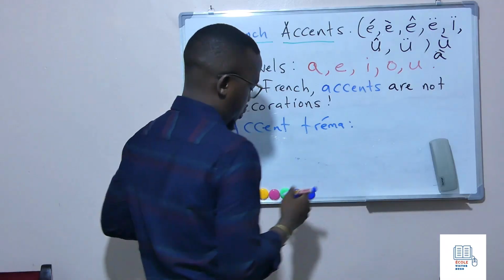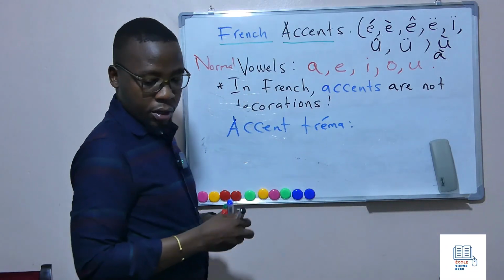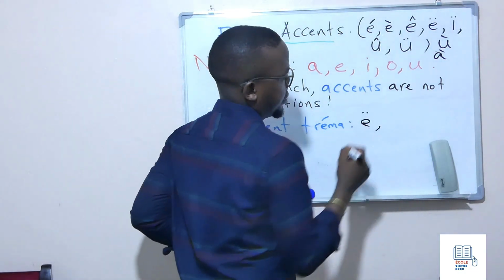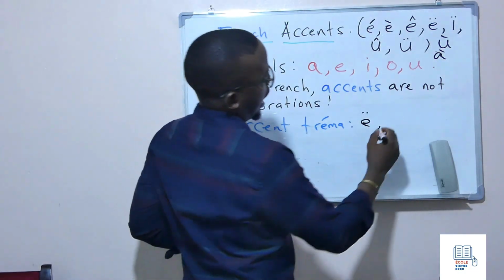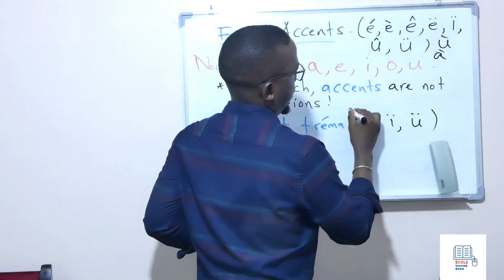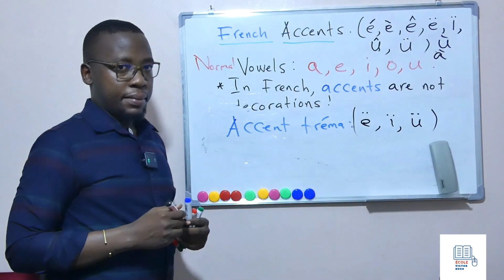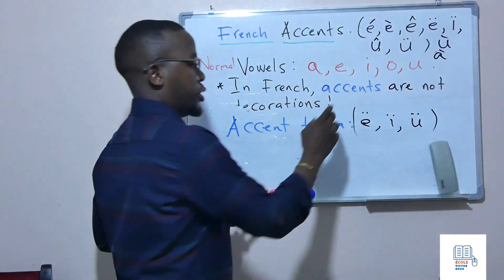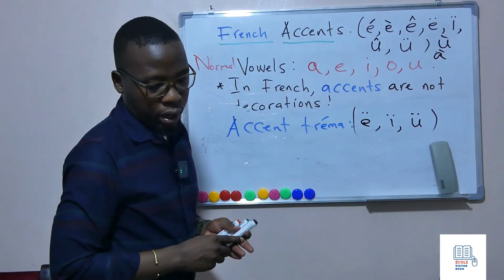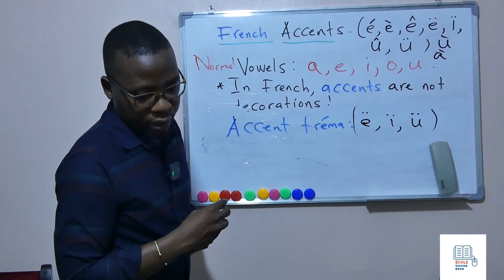So you find it looks like this. The two dots, on I, and then U. That is the accent tréma. So you find vowels with two little dots on top.